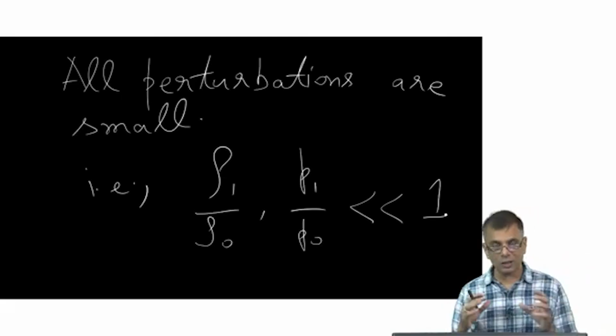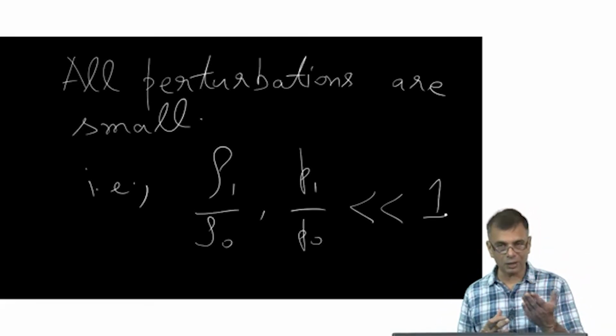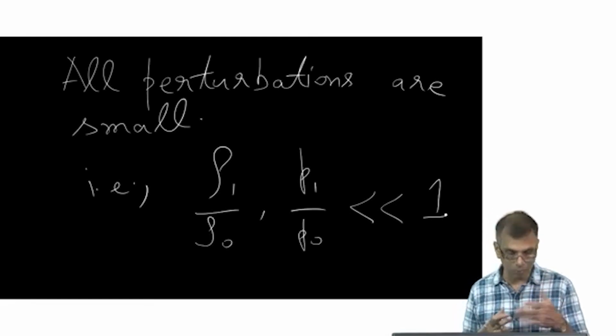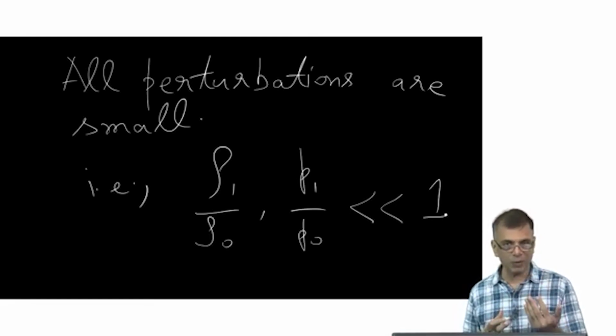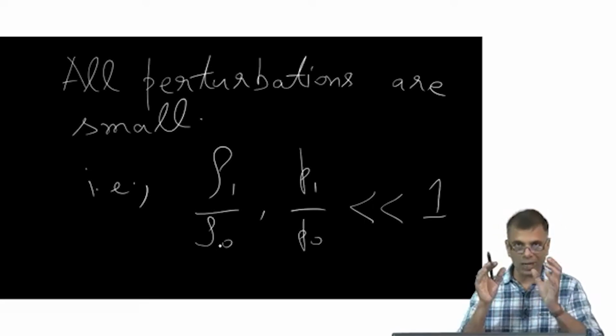This is the other central assumption that we make. Any density perturbation or pressure perturbation that I launch by virtue of speaking is small in comparison with the magnitude of the background.